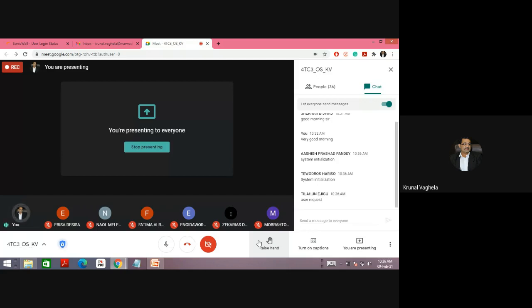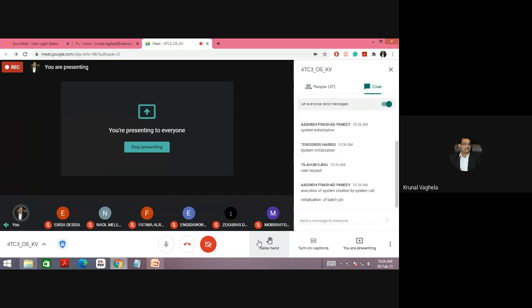So these are system generated. User request. Okay, so a user double clicking or executing a command, then initialization of a batch job, and then when a process creates a child process, right? So there were 4 ways.